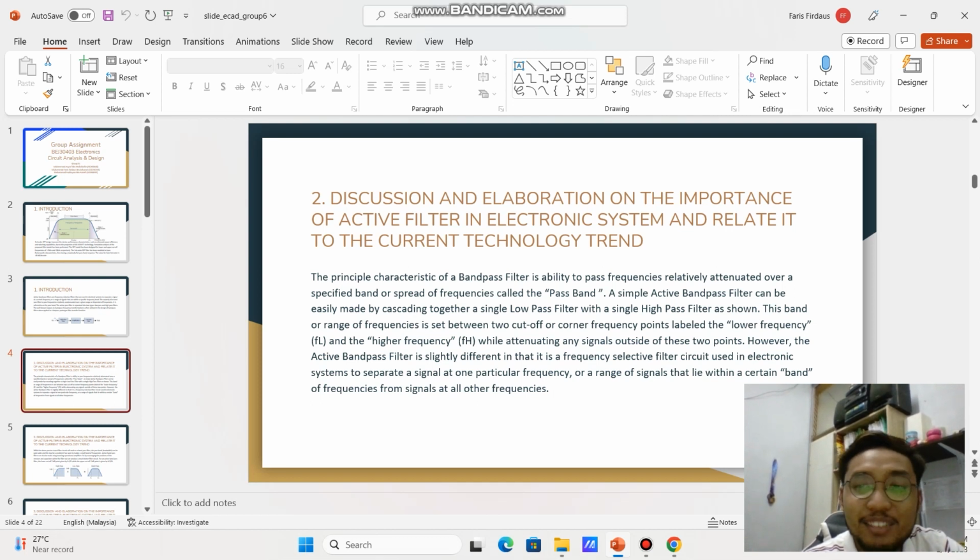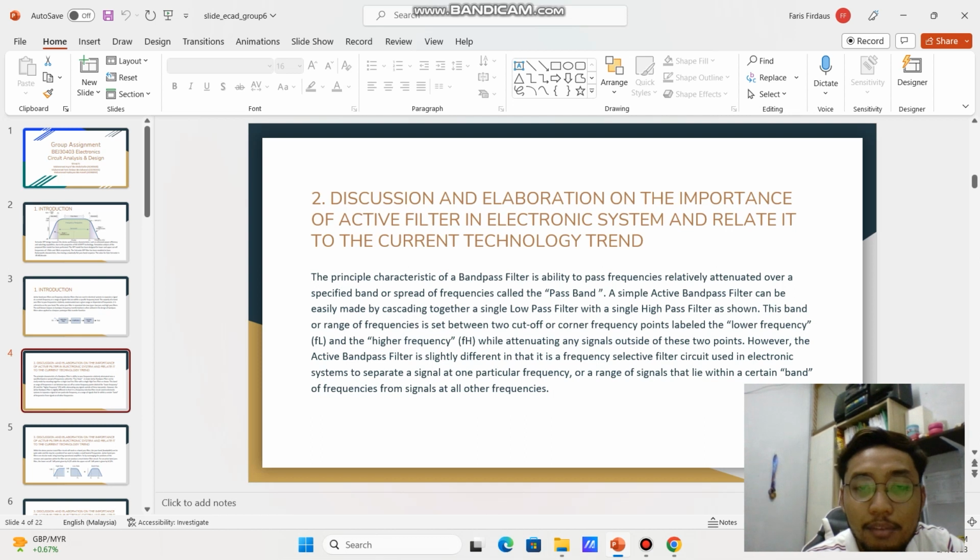A simple active bandpass filter can be easily made by cascading together a single low pass filter with a single high pass filter as shown. This band or range of frequencies is set between two cutoff or corner frequency points labeled the lower frequency FL and the higher frequency FH, while attenuating any signal outside of these two points.